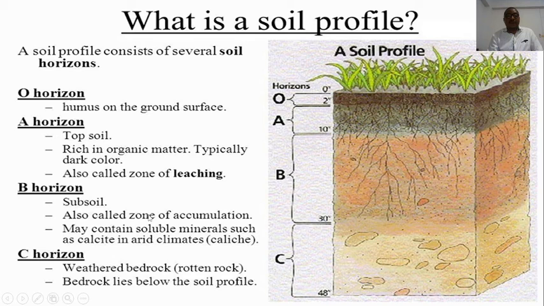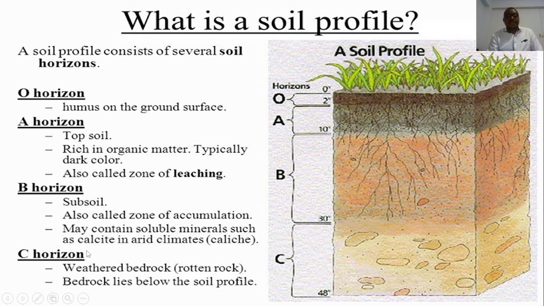So the B horizon can also be called the zone of accumulation. This may contain soluble materials such as calcite, which is found in arid climates. Now lastly is the C horizon.